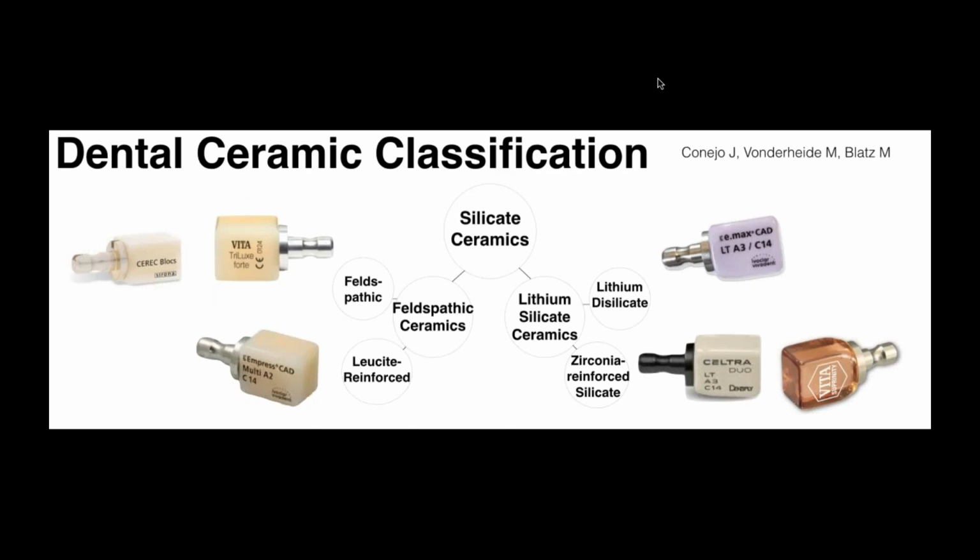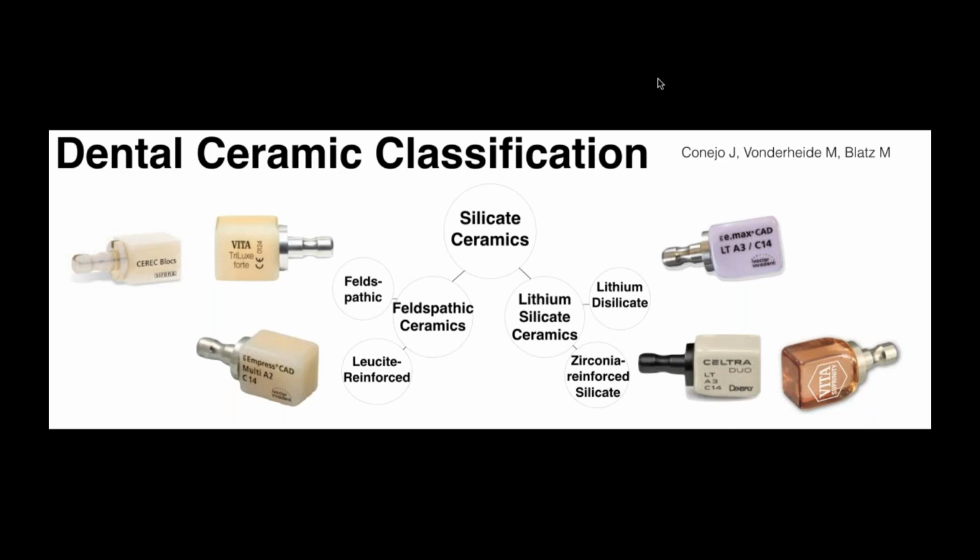Okay, so I'm going to leave the feldspathic ceramic aside now, and I would like to start talking about lithium silicate ceramics. As we know, lithium disilicate was the first material from this group to be on the market with very high success rates, perhaps not with the highest aesthetic outcomes for some clinicians or for some patients.